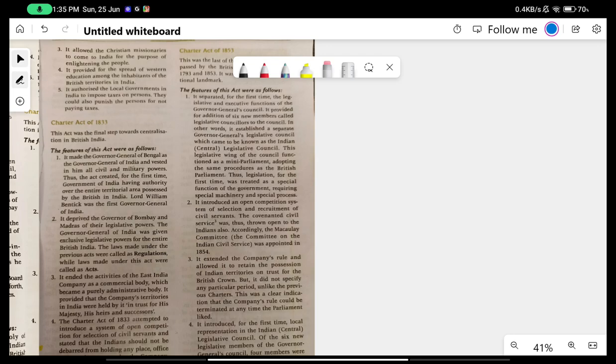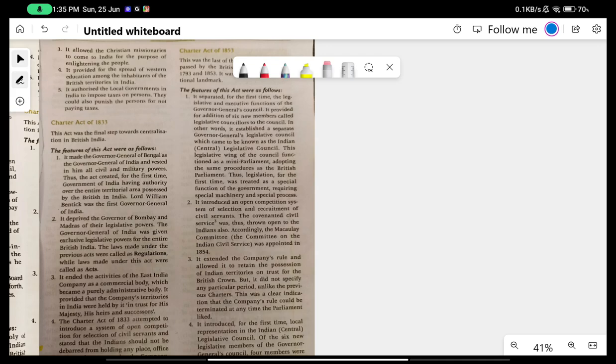So obviously indirectly the monopoly over trade also increased the time that the company could rule over India politically too. But this time they only said that we are increasing the company's political rule over India, but they did not specify any time for how long. So it basically meant that they could scrap the complete company out of India anytime, or if they wished they could still rule through the company if they wanted to.